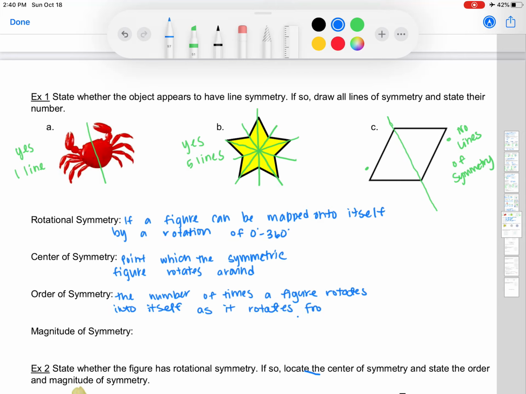as it rotates from 0 to 360 degrees. So it goes in a full circle before determining how many times that happens. And then the magnitude of symmetry is the smallest angle a figure rotates to map onto itself.